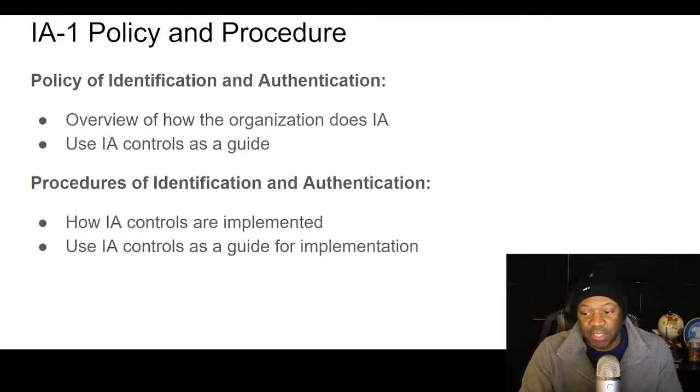We talked yesterday about IA-1, which is policy and procedure. In NIST, whenever you have a -1, like IA-1 or AU-1, you're talking about policies, procedures, and written documents that the organization is supposed to have. There are supposed to be certain things inside that documentation. Yesterday we covered what is supposed to be in there. It basically covers the who, what, when, where, and why that the organization uses for that particular control, and IA controls are no different.